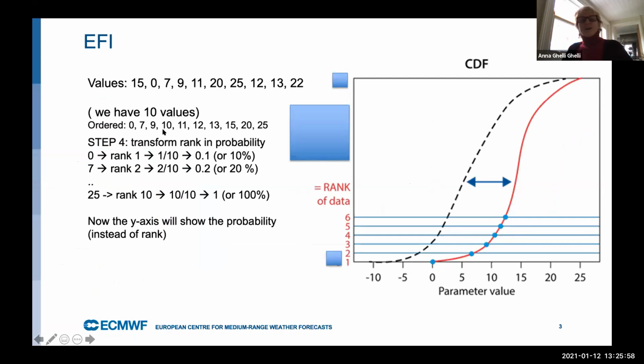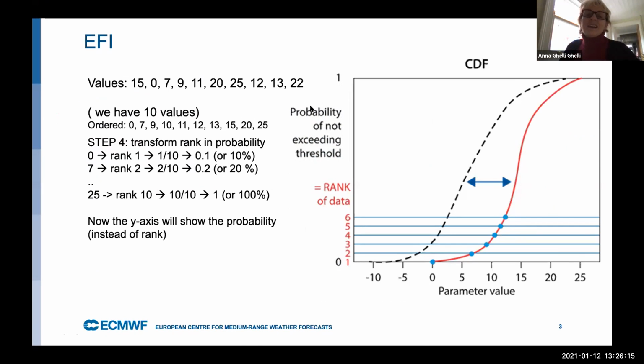So 0.1 is 10%, 0.2 is 20%, and so on. Now if I uncover this, we have our axis, and we can say it is the axis showing the probability of not exceeding a threshold.